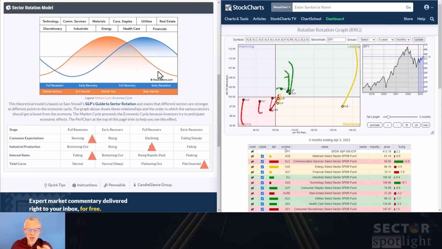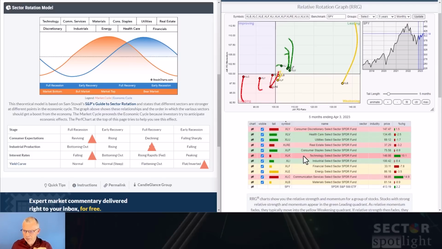So start with technology. I'm going to rank them here by symbol so I can easily find them. So here is technology. That is definitely on the way back up after a rotation through lagging. Now mind you, when I look at monthly RRGs, because they're kind of slow and looking at long-term stuff, you want to pick it up in an early phase.